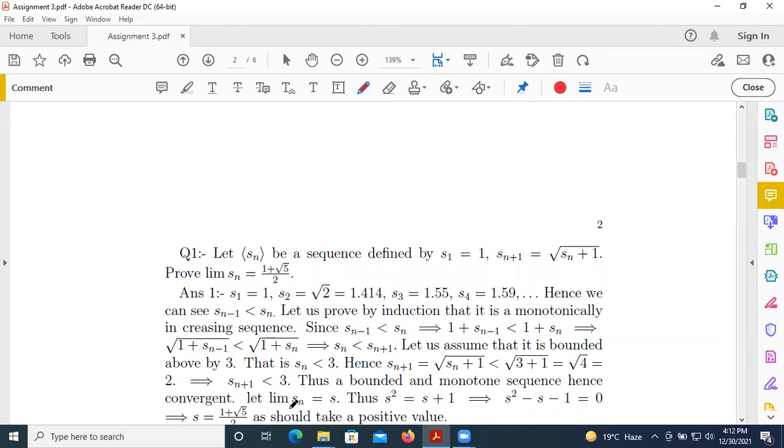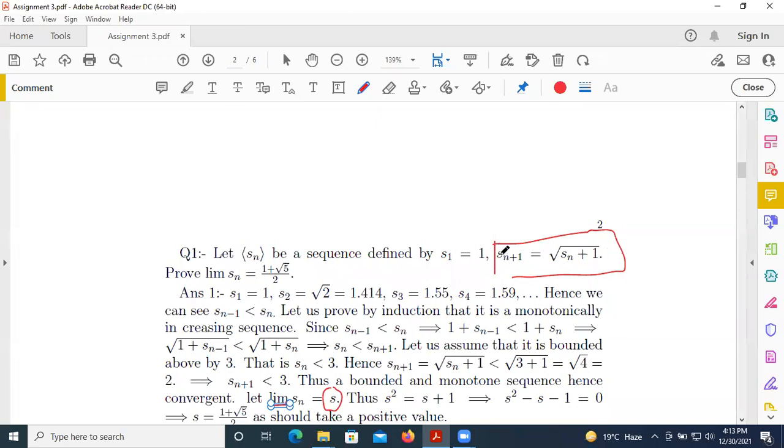Okay, and we know that a convergent sequence has a unique limit point. So we let limit Sn is equal to S, which is the limit of the convergent sequence. Then in this relation we take limit n tending to infinity on both sides.